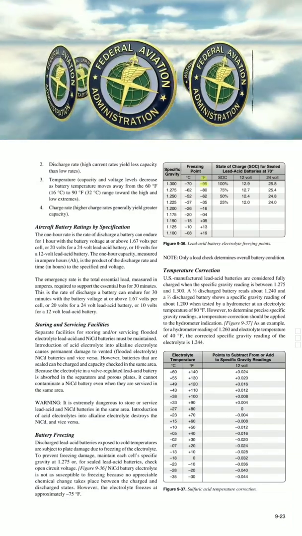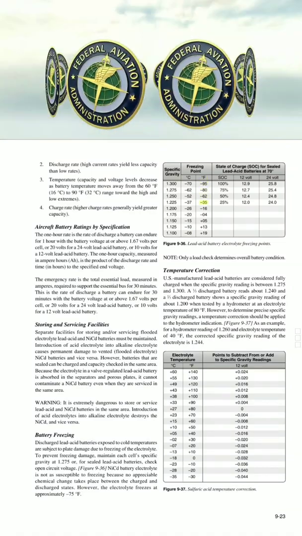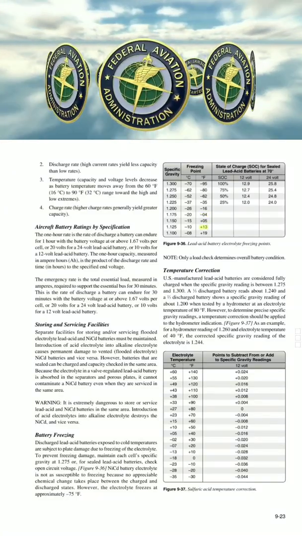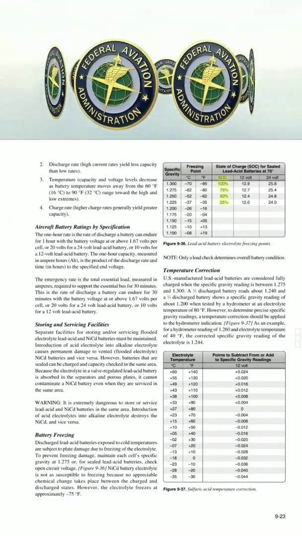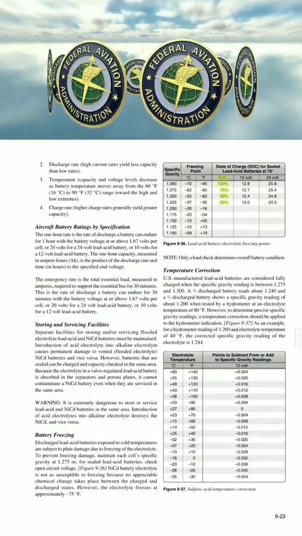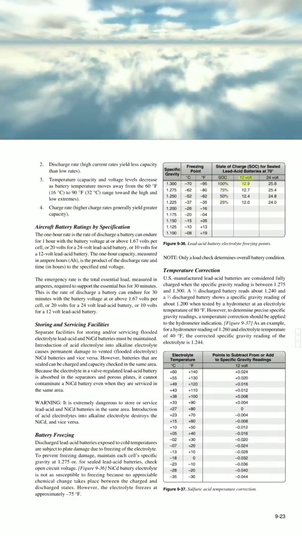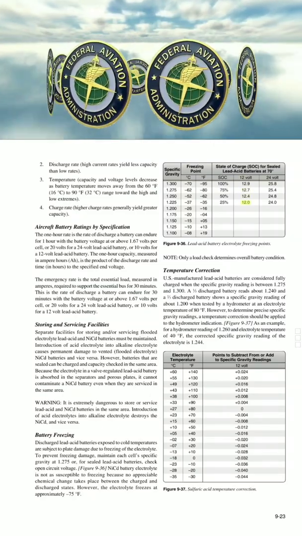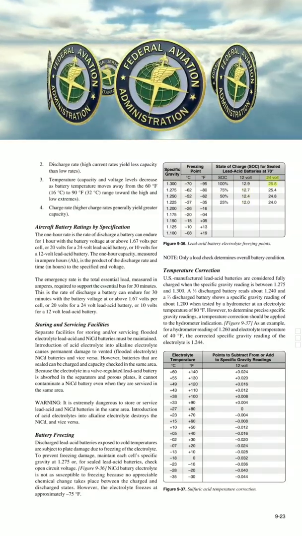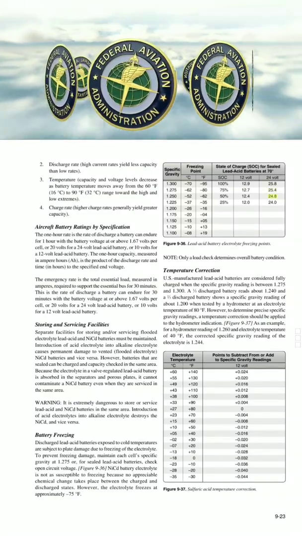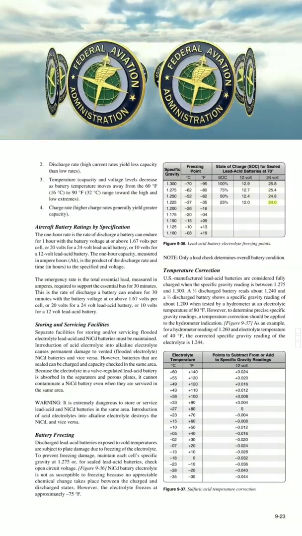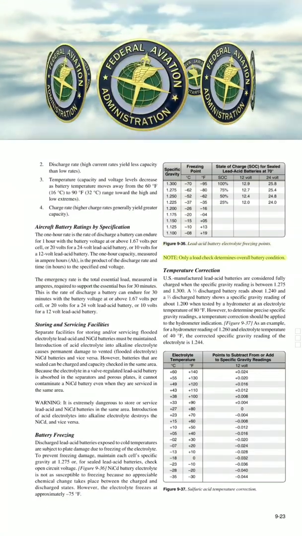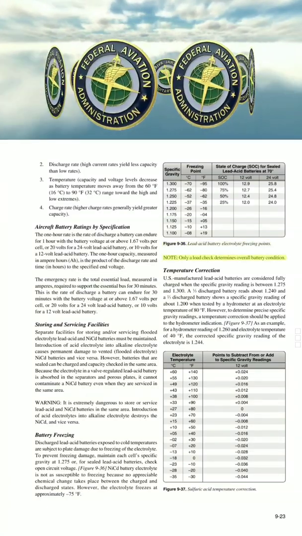Degrees F: minus 95, 80, 62, 35, 16, 04, plus 05, plus 13, plus 19. SOC: 100%, 75%, 50%, 25%. 12 volt: 12.9, 12.7, 12.4, 12.0. 24 volt: 25.8, 25.4, 24.8, 24.0. Figure 9-36. Lead-acid battery electrolyte freezing points. Note: only a load check determines overall battery condition.